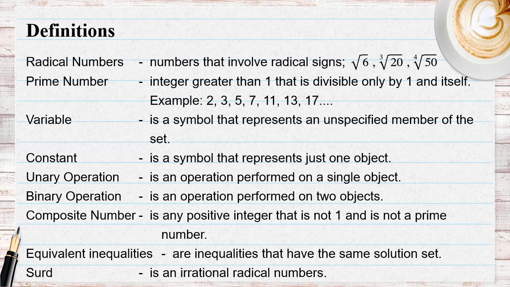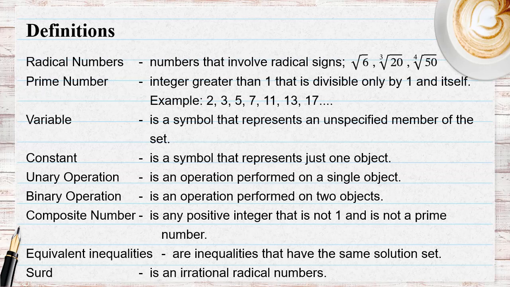Variable is a symbol that represents an unspecified member of a set. Constant is a symbol that represents just one object. Unary operation is an operation performed on a single object.